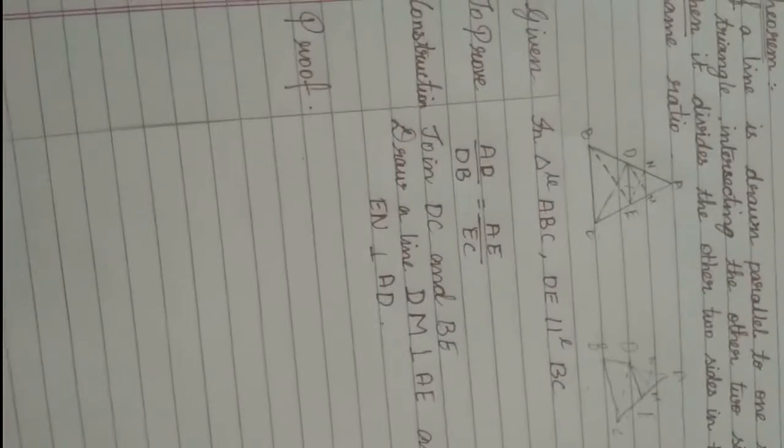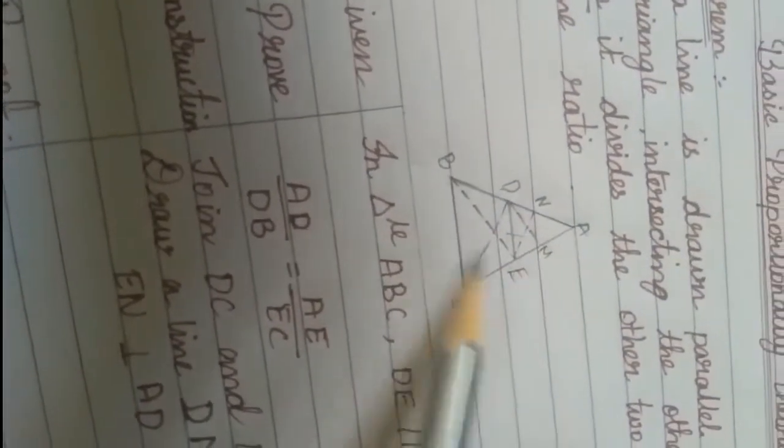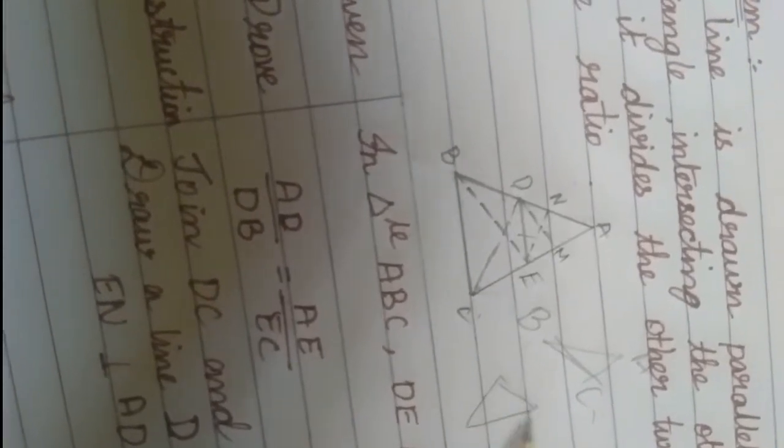So we have come to the proof part. First I'll explain the way to prove this. In this triangle, to prove that the ratios of both sides are equal, we'll take these two triangles, ABC and ACD. The area of this triangle should be equal to the area of ACD.